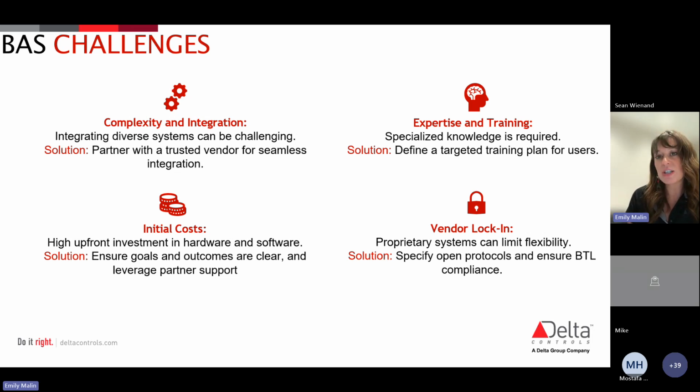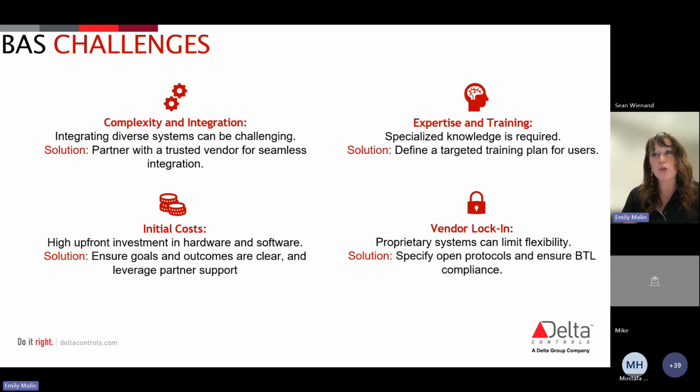So the way to combat this challenge is to specify open protocols and ensure our BACnet compliance. And again, that's something that we'll talk through. But even if you are comfortable with a proprietary vendor, just knowing that that is the choice that you're creating and that you're going to need to build your building strategy around that, that's perfectly acceptable.